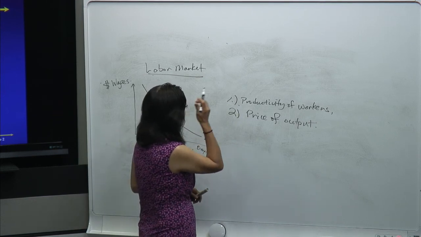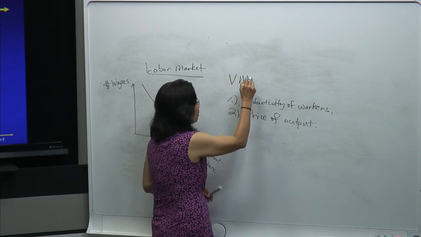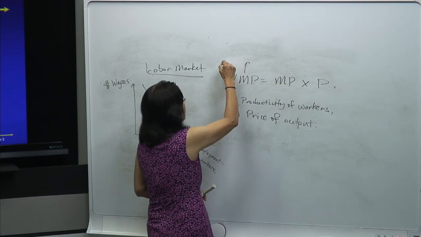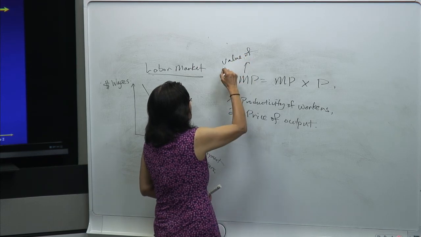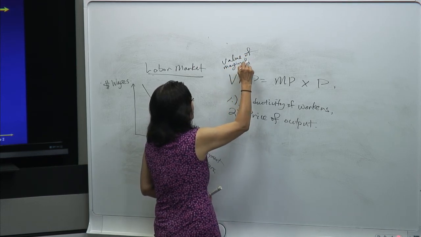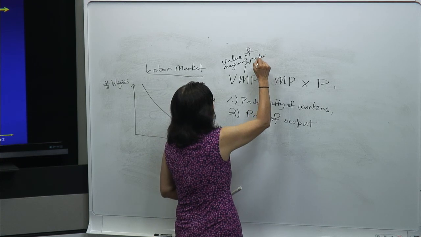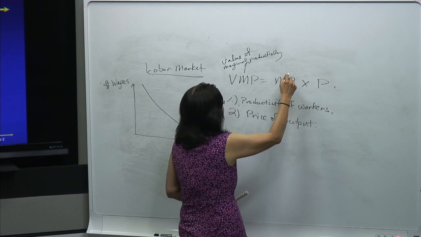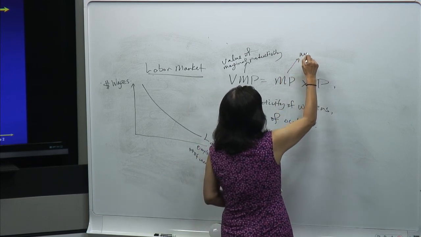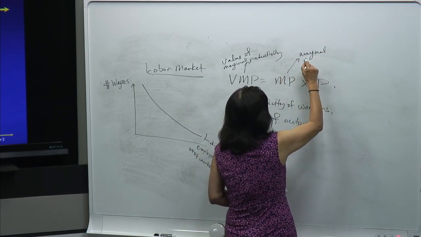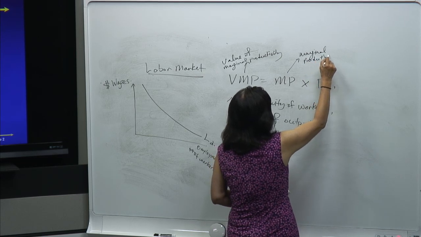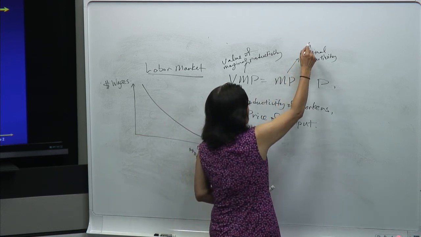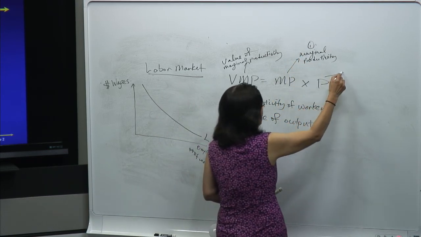So it turns out that later on you could write down this equation, VMP equals MP times P. VMP stands for value of the marginal productivity, and MP stands for your marginal productivity, which is typically this one here. And then your P is the price of output.